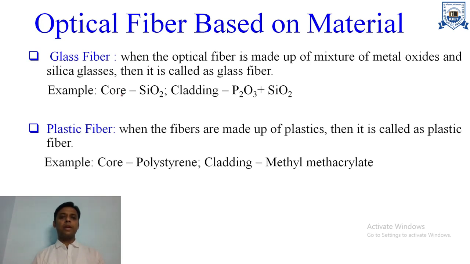For example, the core is made of silicon dioxide and the cladding is made of phosphorus trioxide doped with silicon dioxide. Now, plastic fiber. When the fibers are made up of plastics, it is called plastic fiber. For example, the core is polystyrene and the cladding is made of methyl methacrylate.